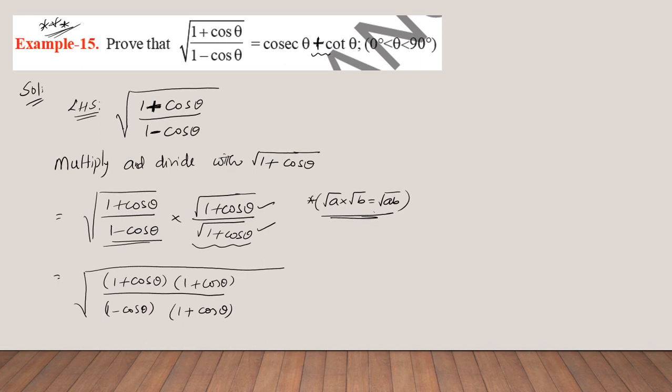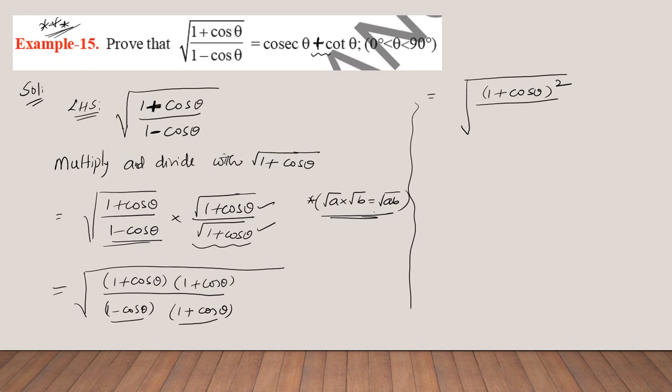So this is what we obtain by multiplying. Now if you observe it carefully, you can write this as square root of 1 plus cos theta whole square divided by, here it is in the form of a minus b into a plus b.